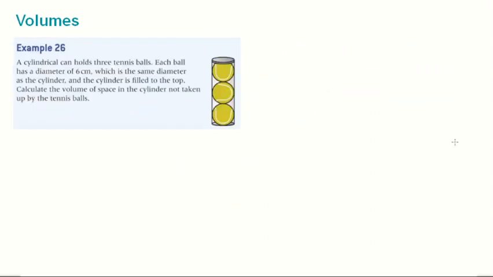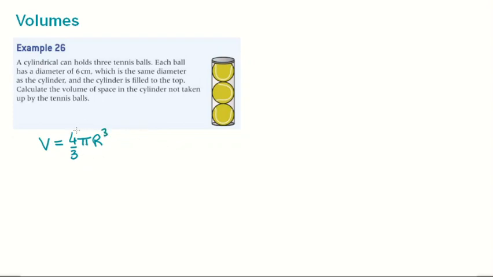So our last example, we have a canister, some kind of container with tennis balls, and we want to find the volume which is occupied by air. We don't want the volume occupied by the balls. We're given the diameter of each of those balls, and it's the same diameter as the cylinder. So what would be the volume of each of those balls? We have to look for the volume of a sphere, which is 4/3 pi r to the power 3, right?